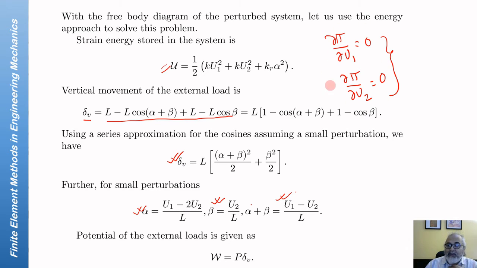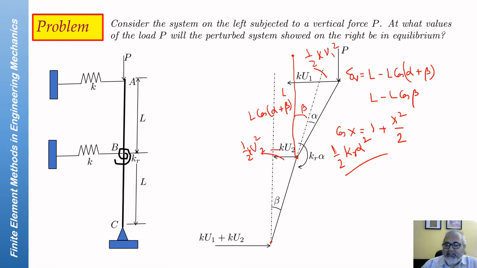If these two equations have a solution different from both u1 and u2 equal to 0, then this sideways tilted, perturbed situation is an equilibrium configuration. If the only solution to these two equations is u1 equal to u2 equal to 0, then obviously the vertical solution is the only solution.